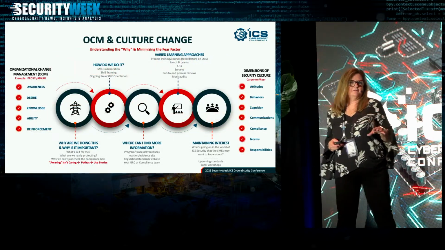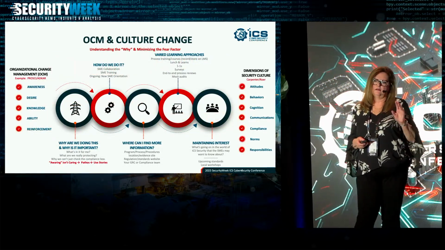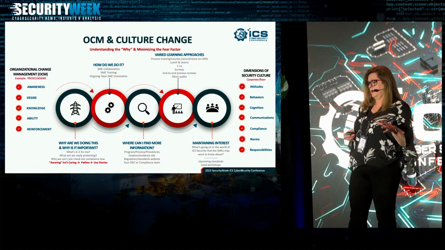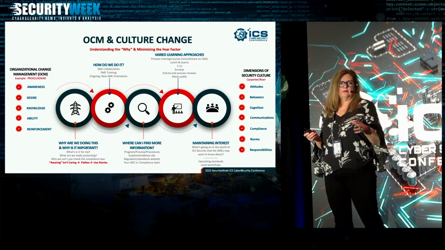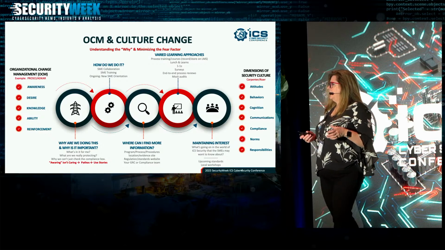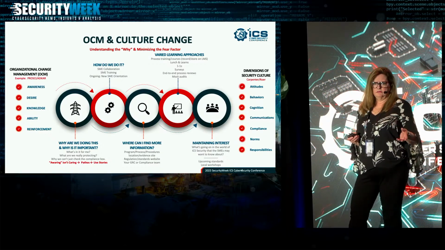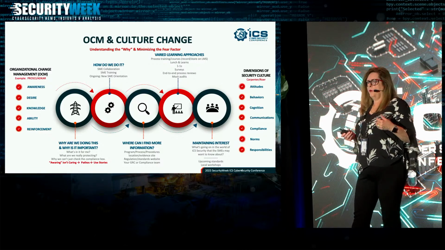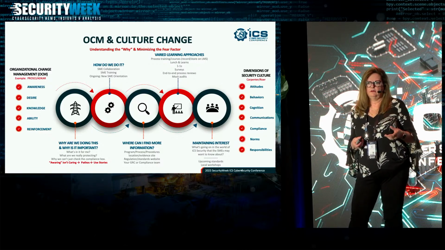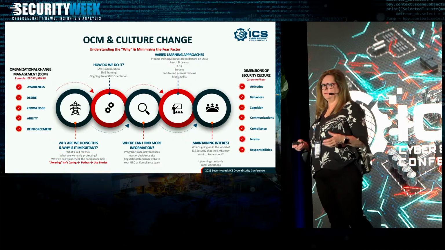Okay, a lot of information on this slide, and I did it this way on purpose because you've got to think about all these things, and a lot of it gets done in parallel. So one of the key things, and we've heard this in a few talks this week, is why are we doing this? So make sure that you're explaining this over and over and over.